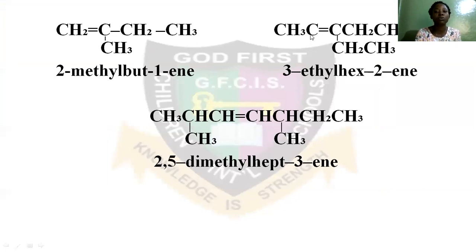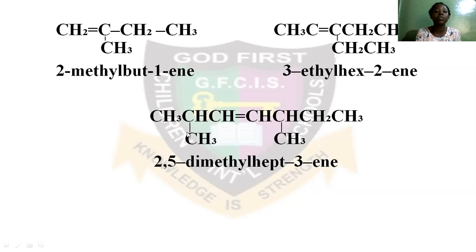So you take 2. Then the substituent is 2 carbons, that's ethyl, so you have CH, CH2, CH3. So it is 3-ethyl, because this is the third carbon. So it is 3-ethylhex-2-ene.